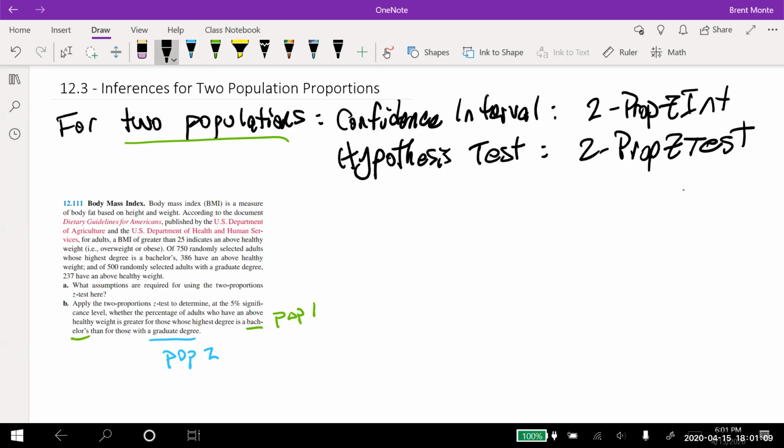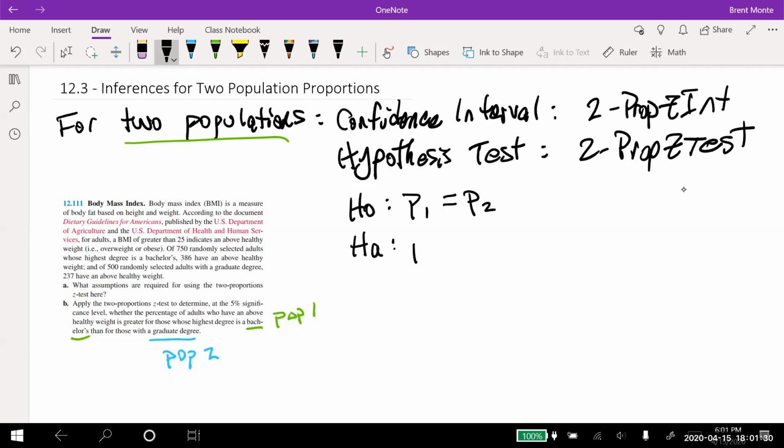So let's do our hypothesis test. Similar to when we're comparing two population means, the null hypothesis is that P sub 1, the population proportion for the first population, is the same as the population proportion for the second population.